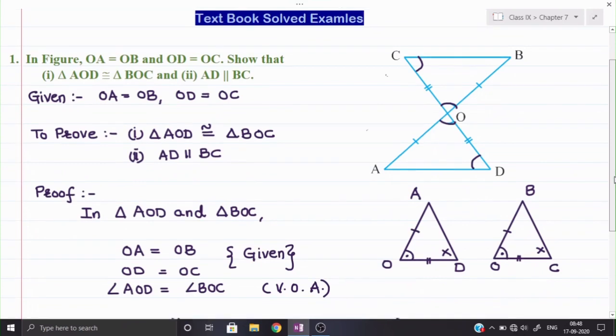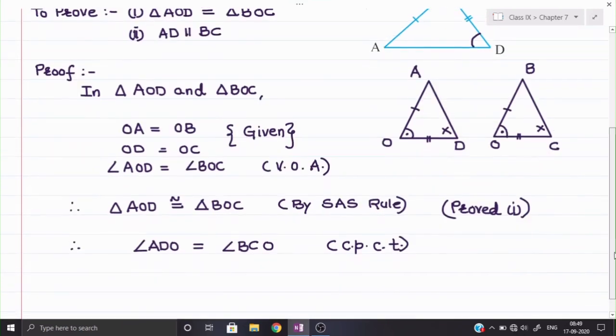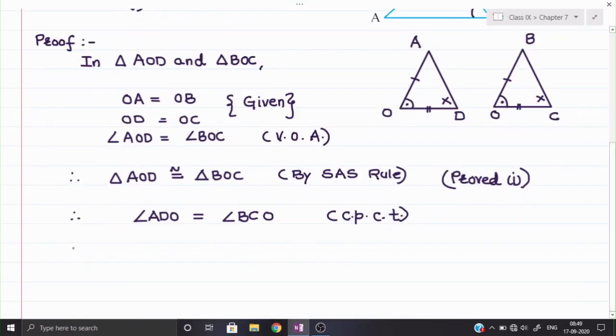So here we shall write down further, but these are alternate angles. Okay, so therefore we can say which lines will be parallel here.